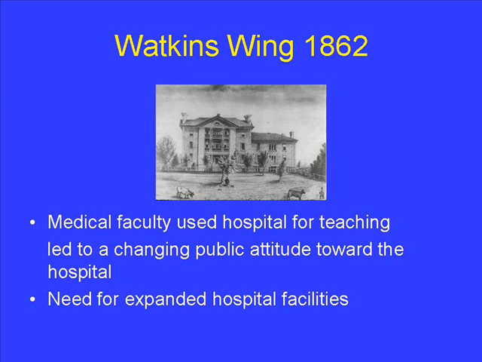So in 1862, the Watkins Wing, this wing here, was built onto the main building, and the Watkins Wing had some smallpox wards in the basement, which was the wrong place to put them, and they soon took them out. They had wards for patients on the first floor, and they had an amputation theater on the second floor, because that was about all the surgery that was really done at that point in time.